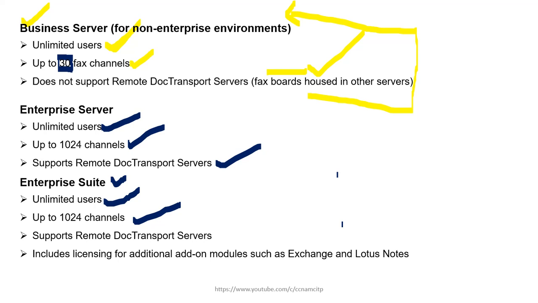So now you can decide as per your requirement. For example, if you need remote dock transport server, definitely you will go for enterprise server or enterprise suite, because if you go for business server you will not get this service, since it does not support remote dock transport server.